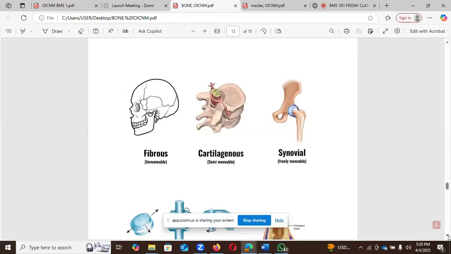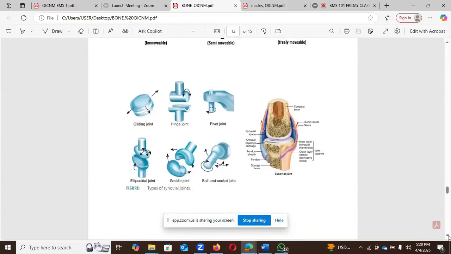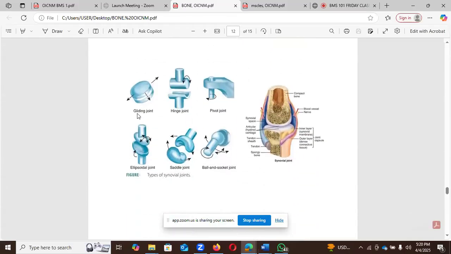Under that you have different types of joint. Look at this one now, another subtype of joint, which is the gliding joint. This is how it looks. The hinge joint, the pivotal joint or pivot joint, the ellipsoidal joint, the saddle joint, the ball and socket joint.